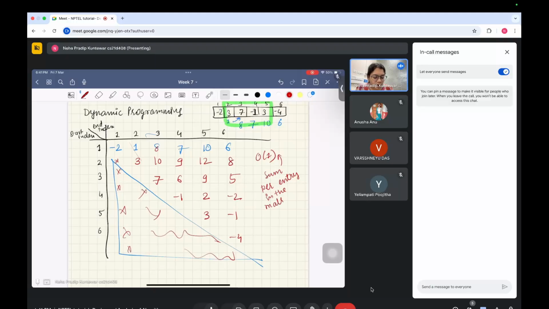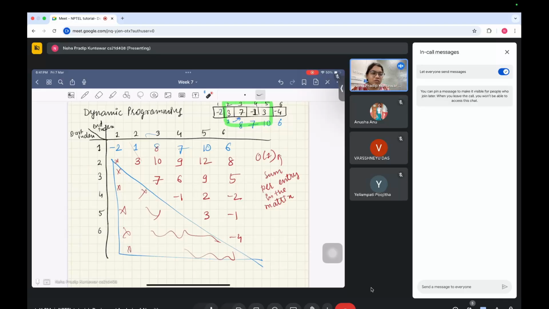Okay. So now how many entries are there in the matrix? If it's an n cross n matrix, then how many non-zero entries are there in terms of n? You can just tell me in terms of order.